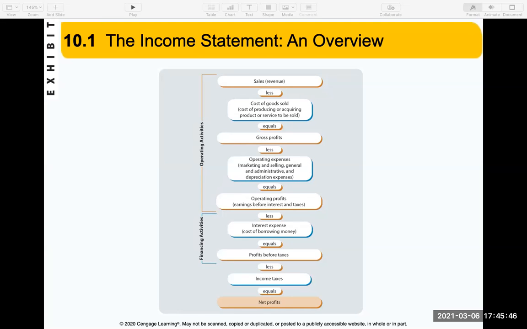Variable costs are costs that are dependent upon production. The cost will vary depending upon how many units we sell and how much revenue we have generated. So obviously it has everything to do with the cost of goods sold.